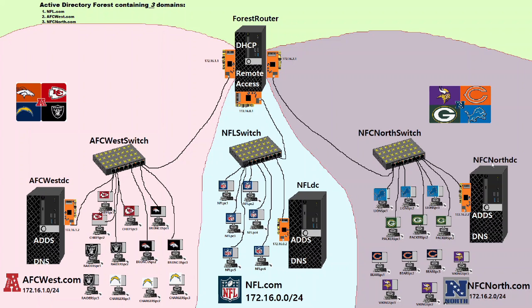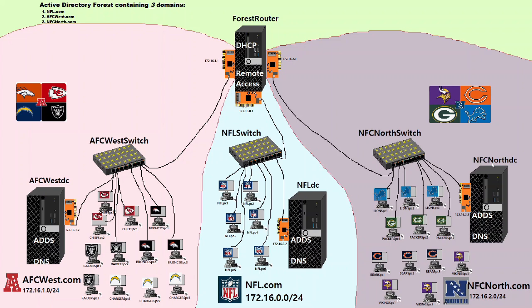And then, as you can see, there are client PCs associated with each domain. In the NFL.com domain, they've got NFL PC 1 through 6. And in AFCWest.com, they're broken up into their respective teams. AFC West is composed of 4 teams, NFC North is composed of 4 teams, and each team will have its own organizational unit with computers that go with it.